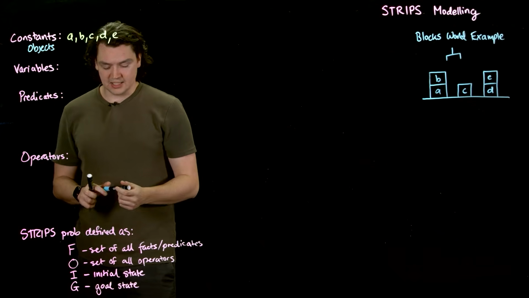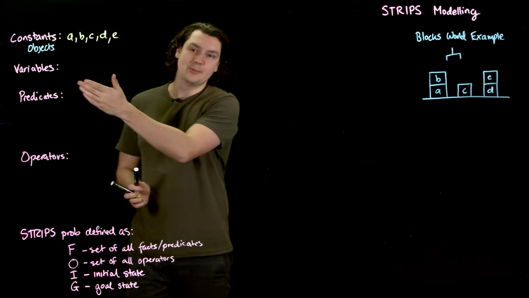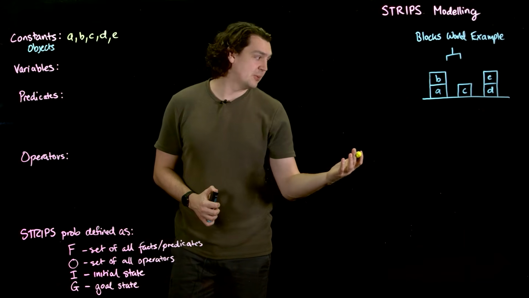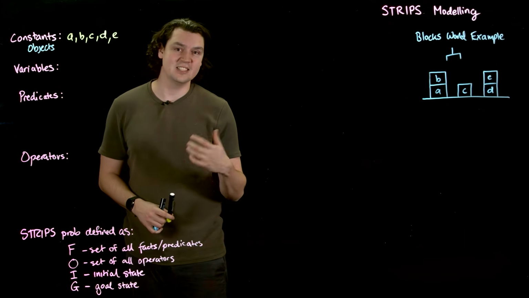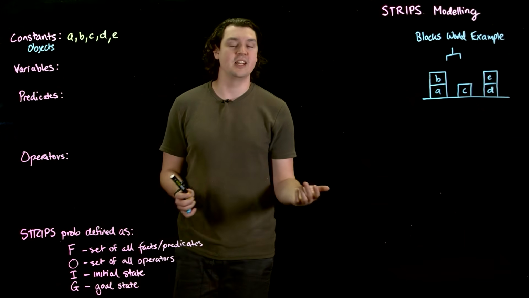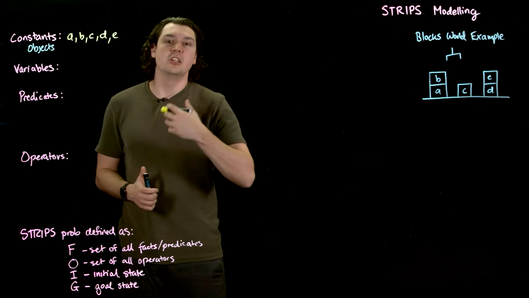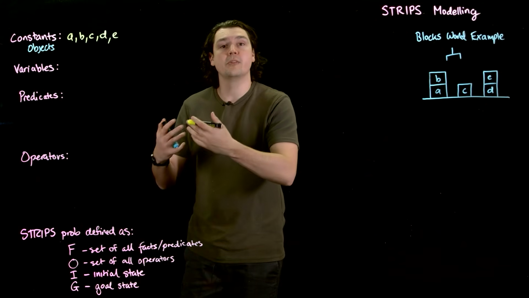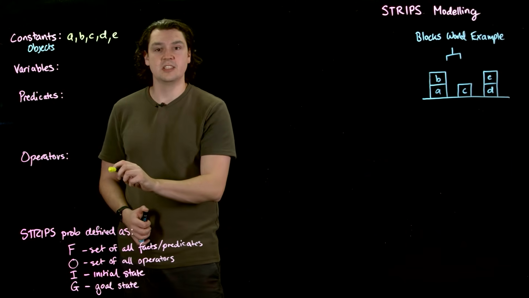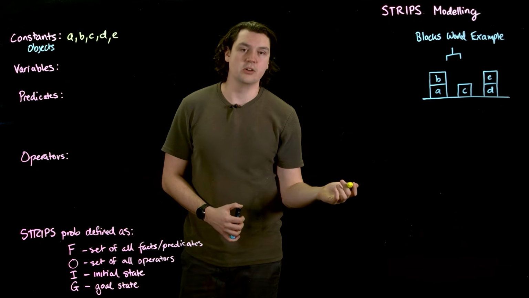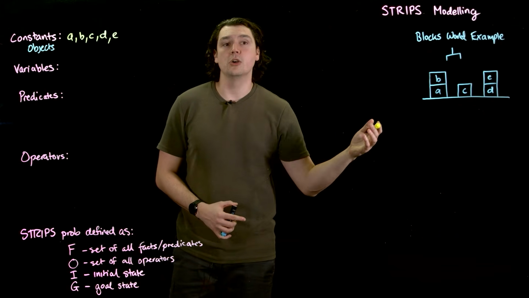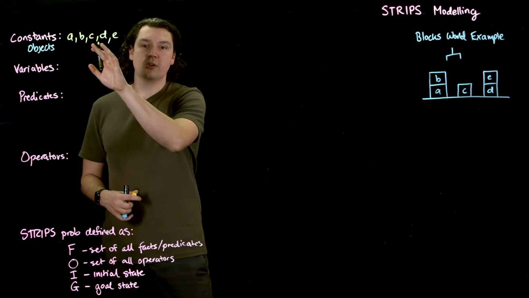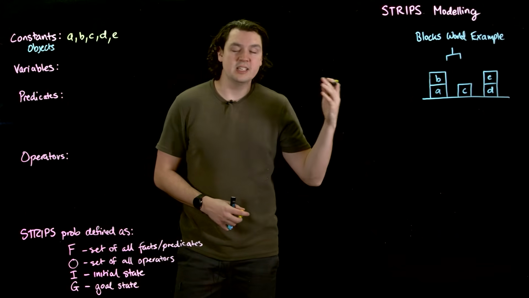Okay, so next is variables. I'm not going to write a second word for this. Variables are, I think, very easy to understand. This is just like when we program in any random language. Usually we describe the actions and the things we operate on, similar to functions, over a generic term. So when we write code, when we write STRIPS, we don't actually put in A, B, C, D, E, whatever.